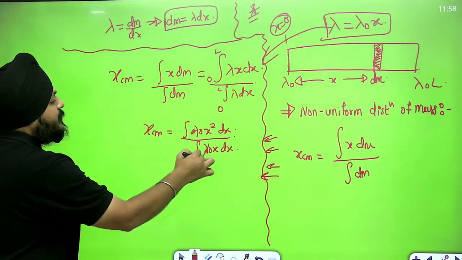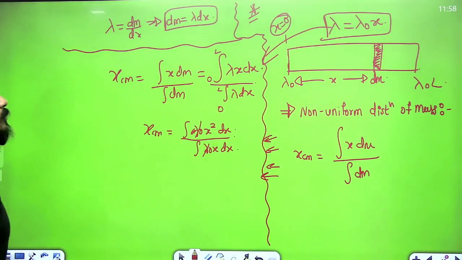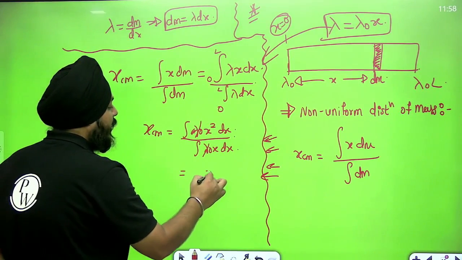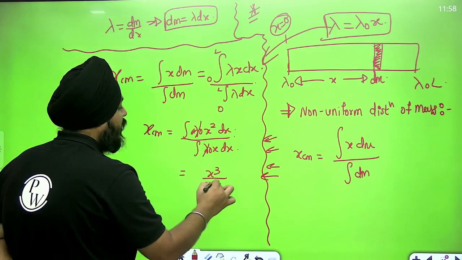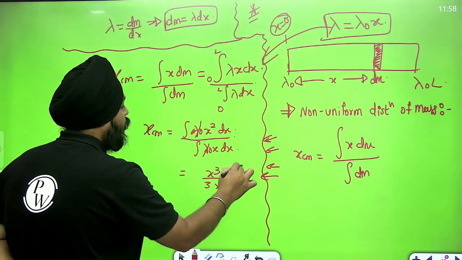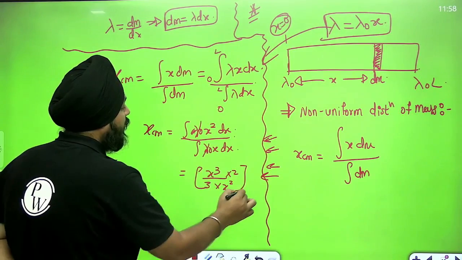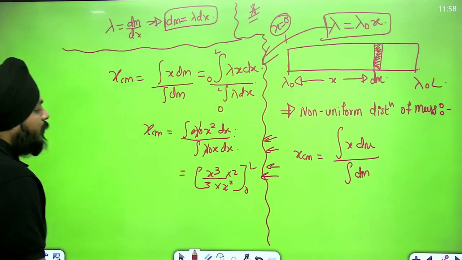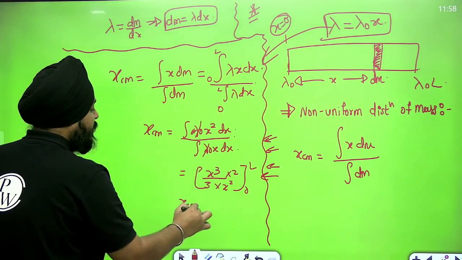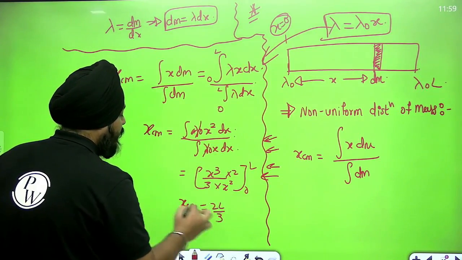Lambda 0 is a constant value, so it is going to get cancelled. So we are going to get x cube by 3 divided by x square by 2, limiting from 0 to L. So this x center of mass is going to come as 2L by 3.